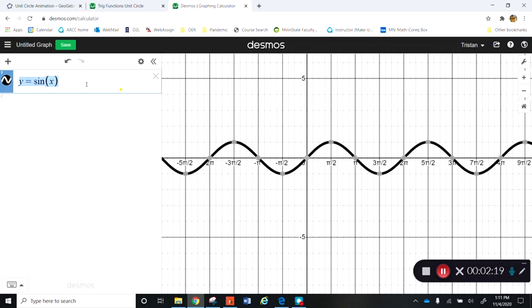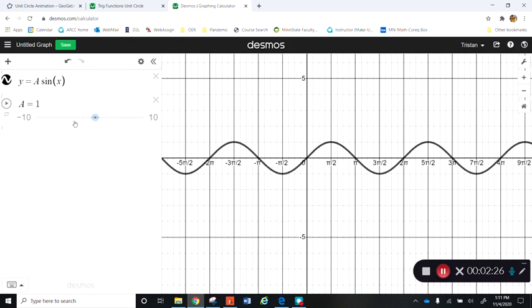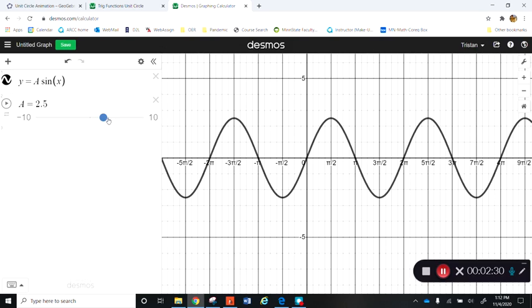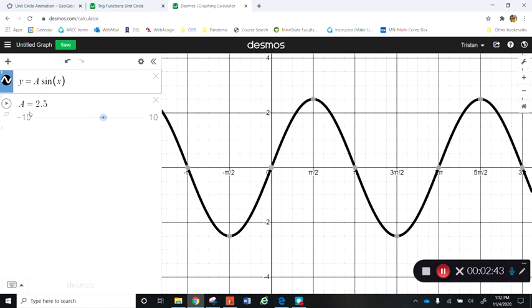So if we come in here and start changing things, let's add some parameters. Let's put an A in front of it. Then A is going to scale that graph vertically by a factor of A. Think about it in terms of transformations. When you multiply outside the function by a number, you scale vertically by that factor. So here, if I scale this graph up by 2.5, now we have a wave function whose amplitude is 2.5.